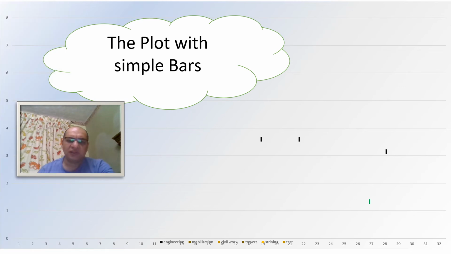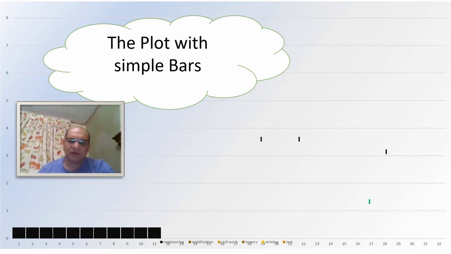Here we start with simple bars. Each task is a number of bars across its duration, and the height now depends on the importance of each task.